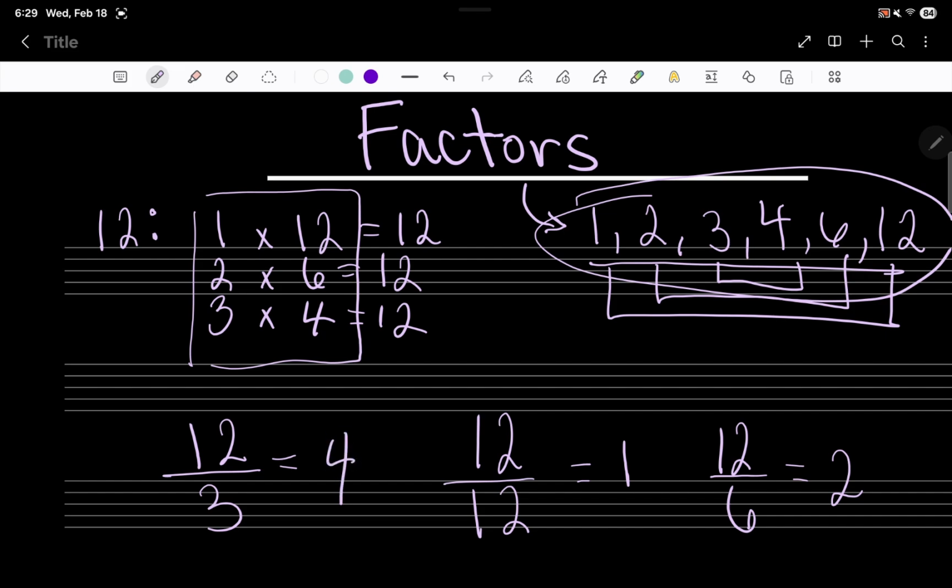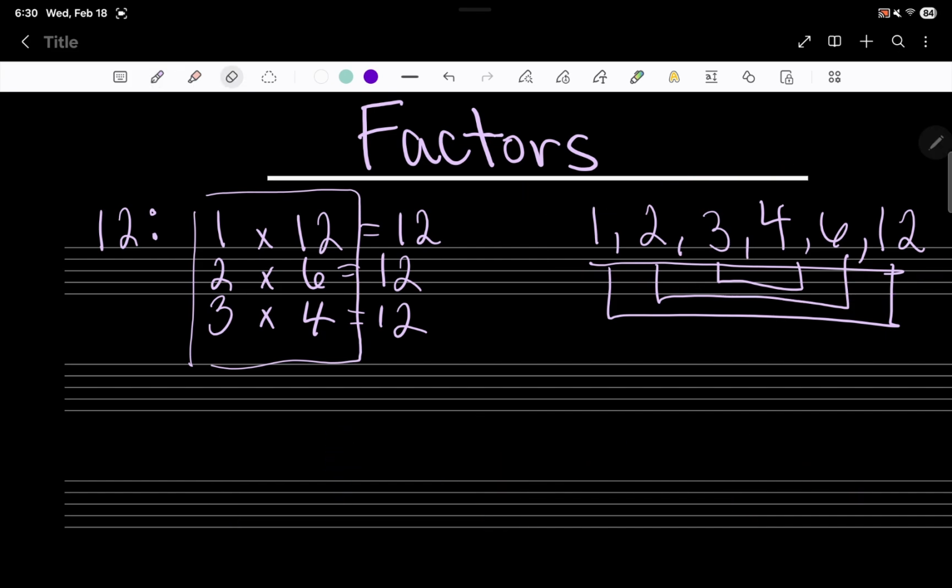Let's clean this up a bit. Because we know these numbers go into 12 evenly, we know that they are factors of 12.